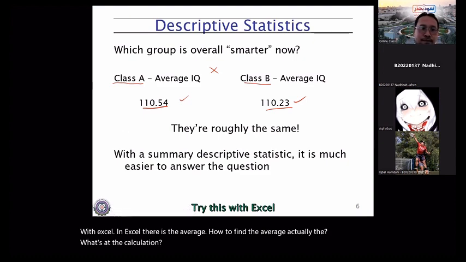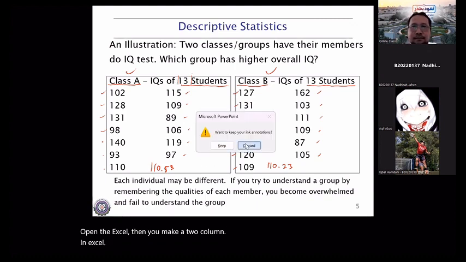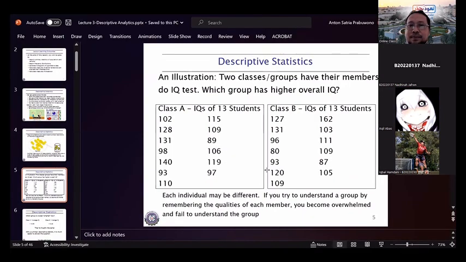I will see. So now you try here. Open the Excel, then make two columns in Excel. I will show you at the beginning, so try to open Excel on your computer right now.